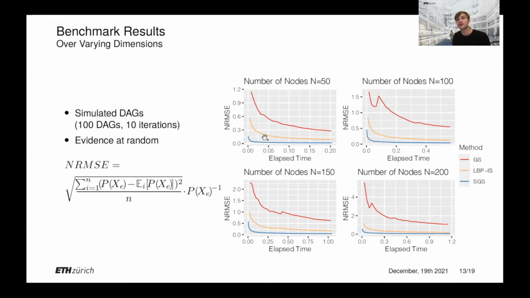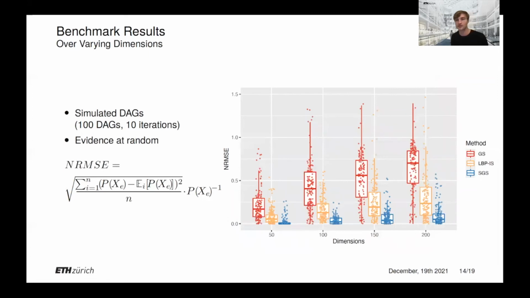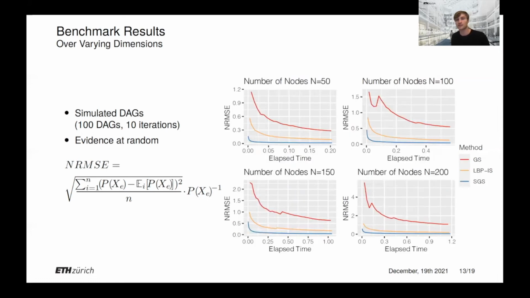So the increase in accuracy that we see between the yellow and the blue line is purely due to the proposed subgroup separation method, right? And we benchmarked this over a quite large range of different problems, and consistently we saw a better performance in the subgroup separation scheme. So if you're interested in seeing those benchmarks, they're included in the arXiv paper.